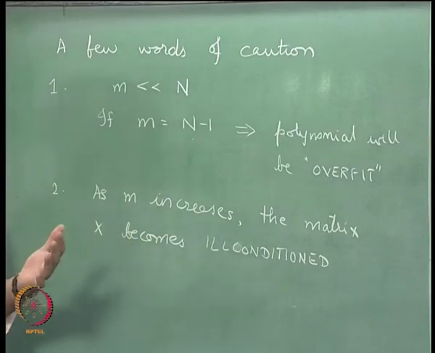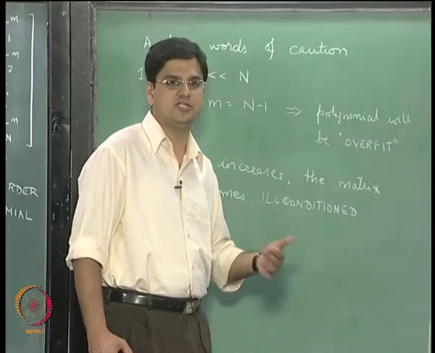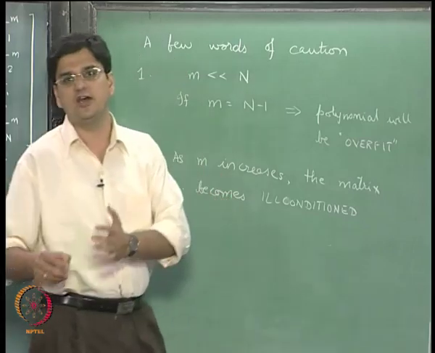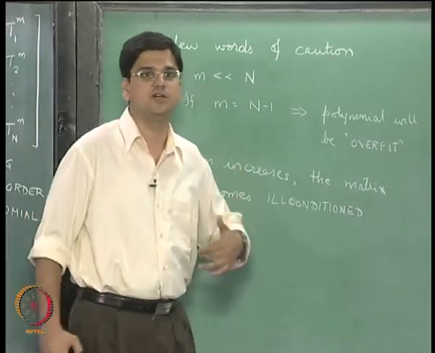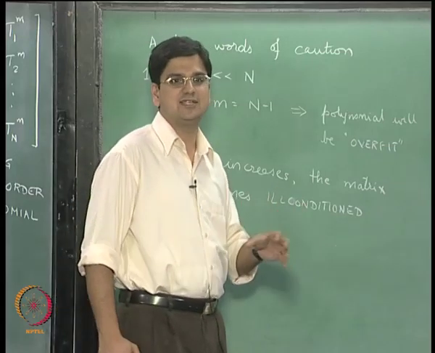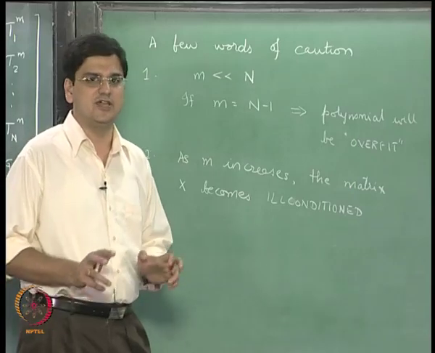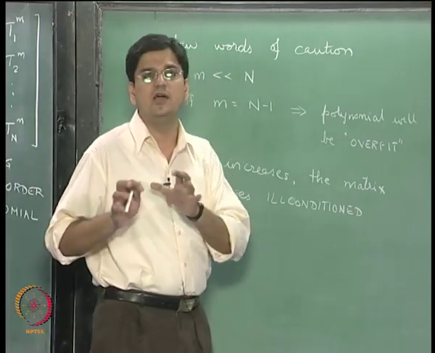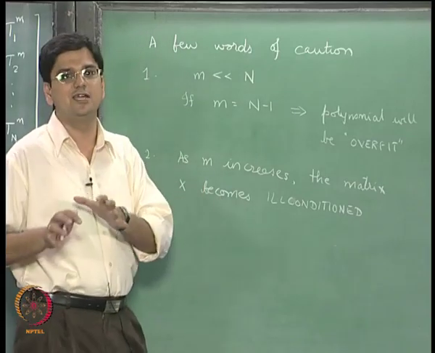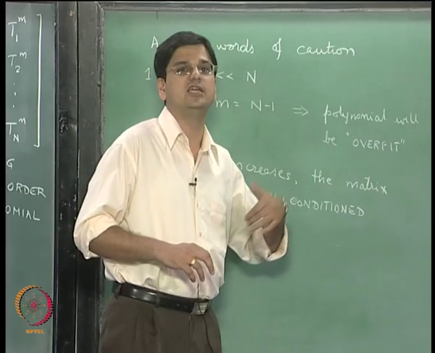When we are inverting a number, for example, if we were to invert a number say 1000, that number becomes 0.001. On the other hand, if we are inverting a number say 10 to the power minus 5, the inverse becomes 10 to the power 5. As a result, and I am using pedagogical liberties over here, the small eigenvalues in X transpose X become large eigenvalues in its inverse.